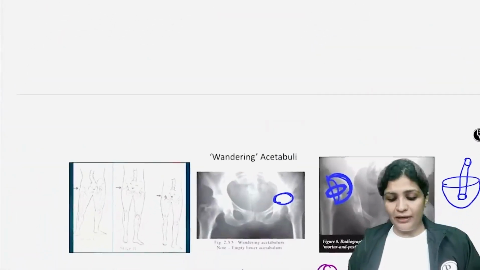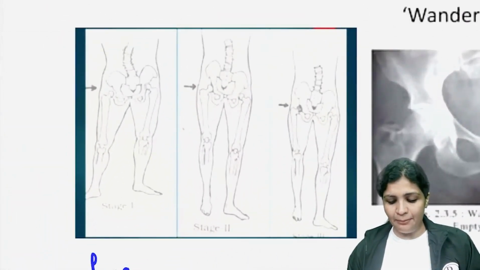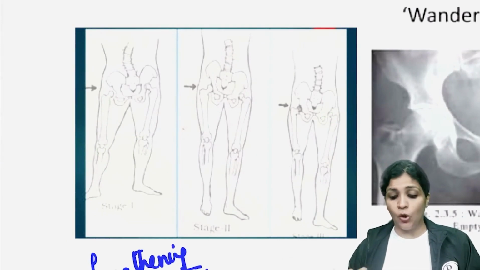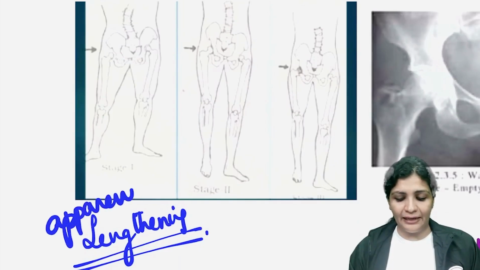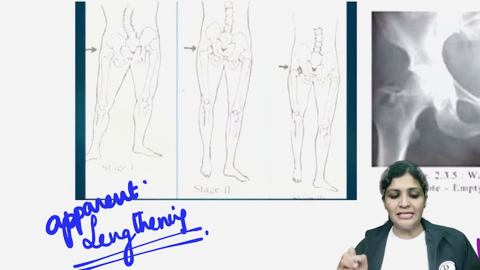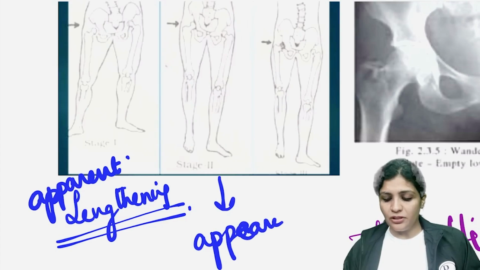Right, and now in case of your stage 1, you can see that there is some lengthening, right? So the leg appears long, but this is just appearing, so it is called an apparent lengthening, not true. And here you see in the second stage the length appears to be shortened, so this is also an apparent shortening.